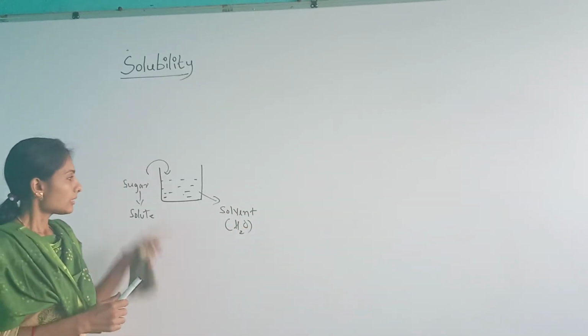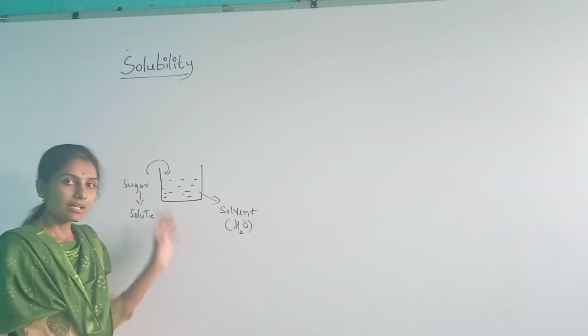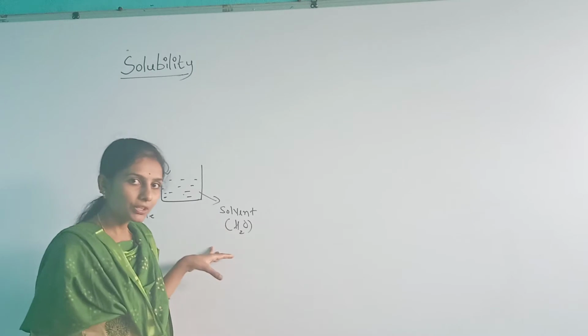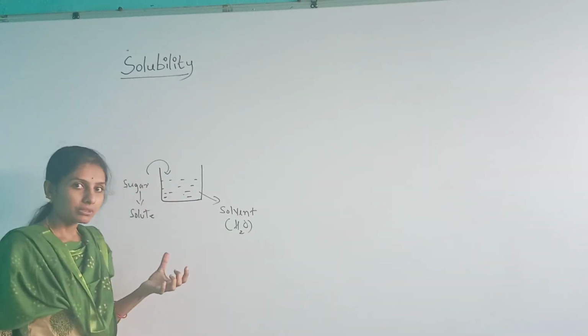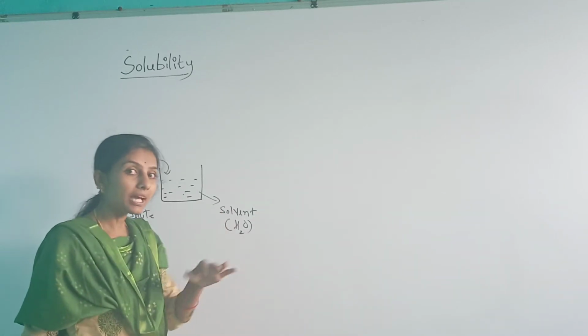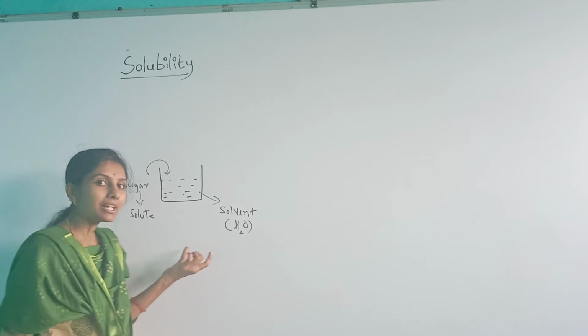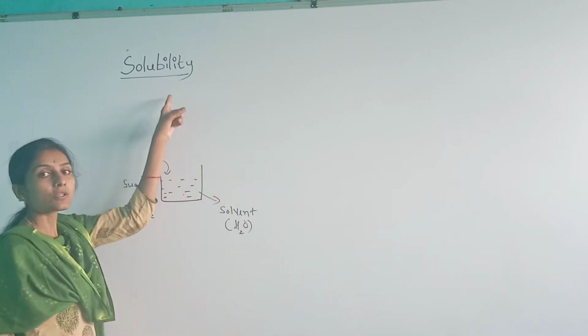So how are we getting the solution of sugar? When some amount of sugar gets dissolved into water. Here that property of sugar which can get solubilized into a particular amount of solvent is called what? Solubility.